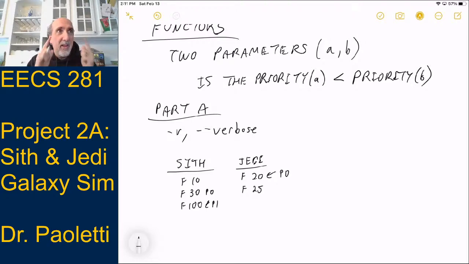So think about this. We've got to organize our data, right? Besides a deployment and a highest priority Sith and highest priority Jedi functor, so there's three types so far: deployment type, Sith priority, Jedi priority, I should have a planet, because I've got to keep track of all this on a per planet basis. Right now, a planet has two priority queues, but maybe when we implement other stuff, we'll discover that a planet needs more things with it.